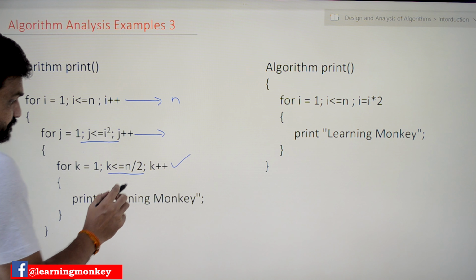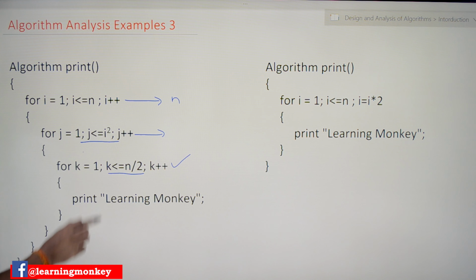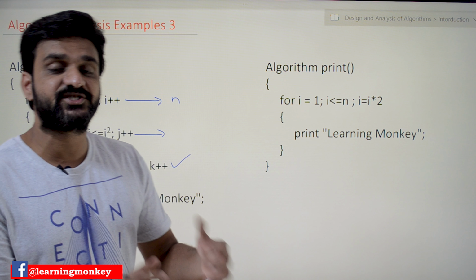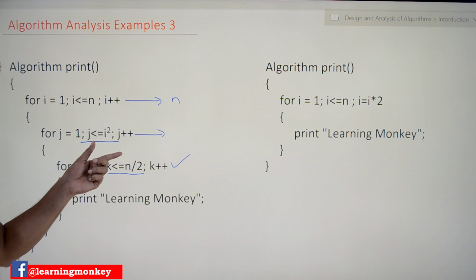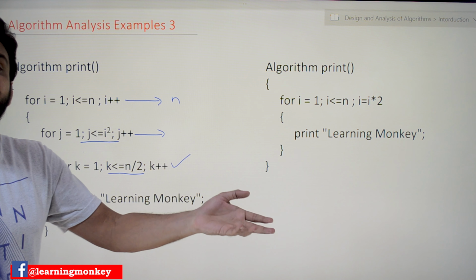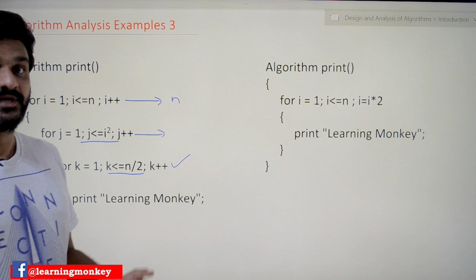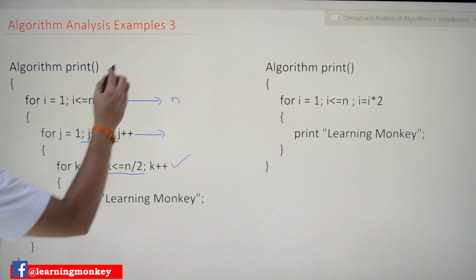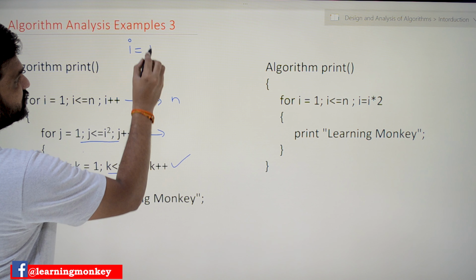Now every time we come into this loop, it is going to iterate n by 2 times. For example, if the value of n is 100, n by 2 is 50 iterations. If you come into this loop 4 times, that means 4 into 50 iterations. Now we will break this down into small pieces. Initially the value of i is equal to 1.